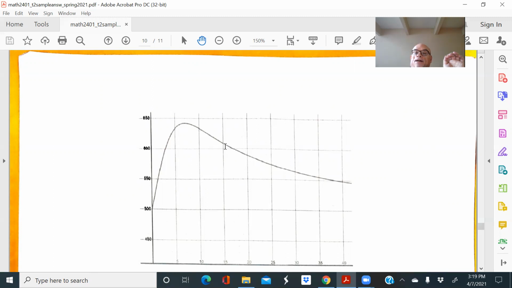That was just my visually eyeballing it. Over here, I think the rate of decrease is a little bit less, because the curve is flattening out. Up here also, I thought the curve was a little bit less steep because it was flattening out close to this turning point. But right there at 15, I felt like that's where the curve was steepest in the negative direction, right? Okay, right there.